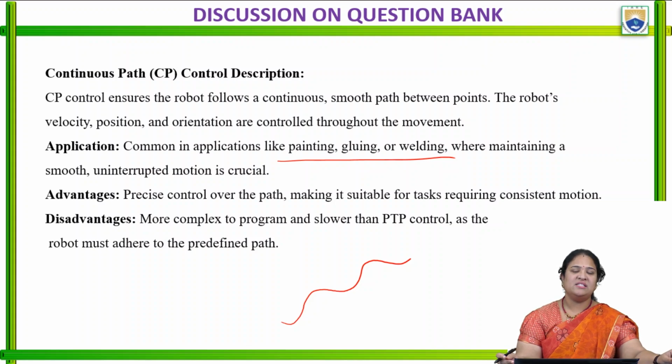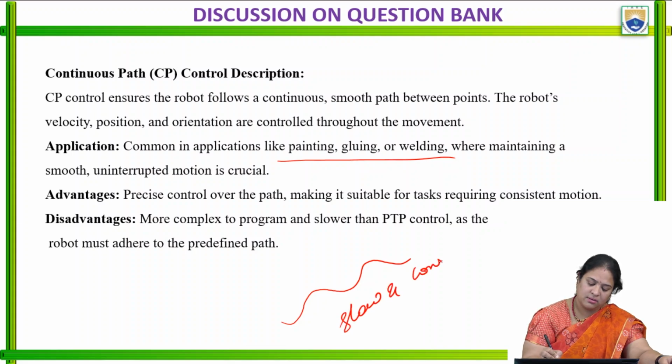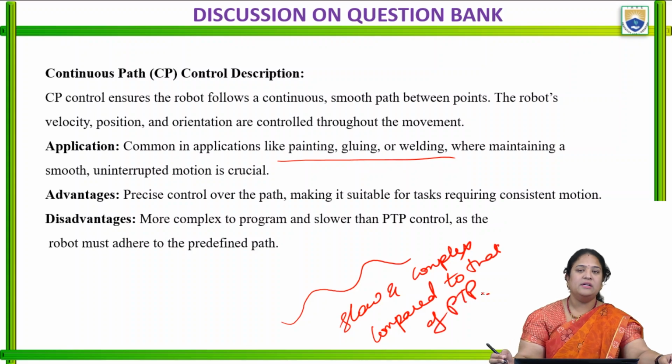But we have one disadvantage here: this particular sort of program runs very slowly and is a bit complex compared to the point-to-point control system. Right? It is slow and complex compared to the point-to-point control system.